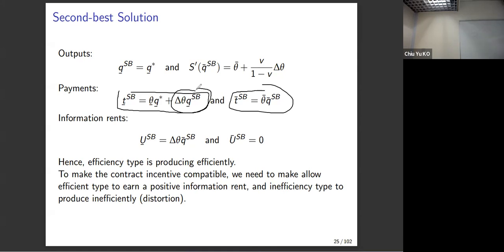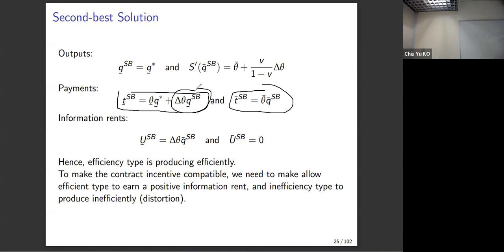Okay, it's basically the most efficient type, okay, always have profit, and there's no distortion at the highest type. Okay, and that happens when you have continuum of type.